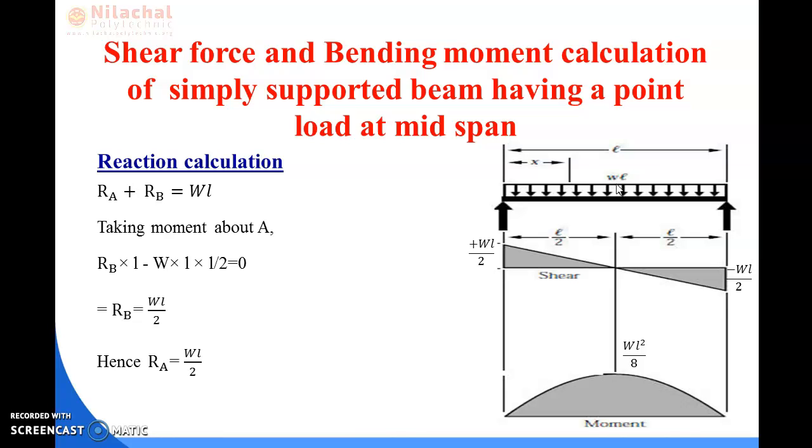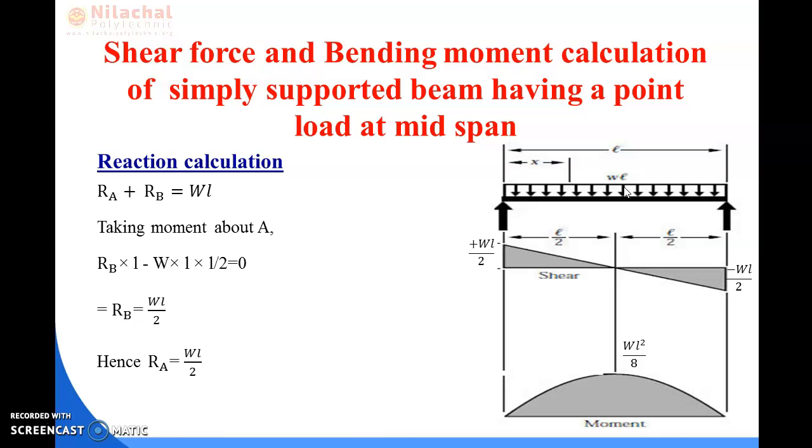So to calculate the total load of the UDL, or we can say to convert the total load of uniformly distributed load into point load, we need to multiply the load of the UDL into the total span of the beam on which the UDL is acting. So here you can see the total length of the beam is L on which the UDL is acting.